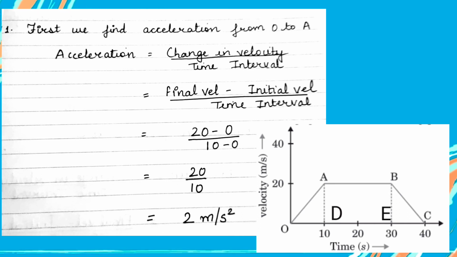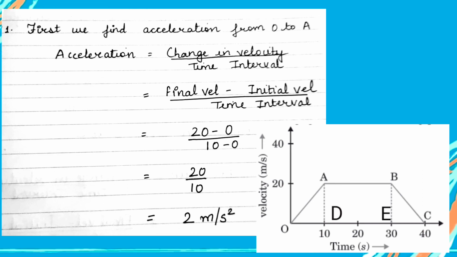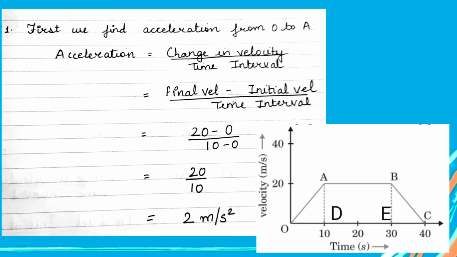Point A represents the final velocity, which is 20 meter per second, and point O represents the initial velocity, which is 0. The time interval is 10 seconds. Substituting these values, we get 20 upon 10, which is equal to 2 meter per second square. So 2 meter per second square is the acceleration of the car.